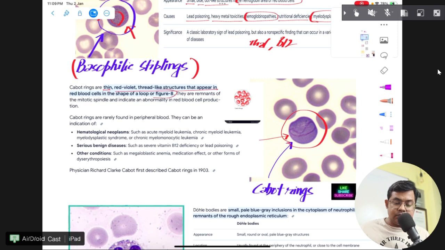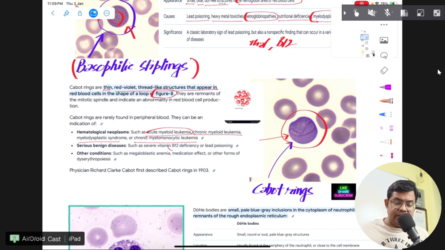So, this condition is seen in acute myeloid leukemia, chronic myeloid leukemia, myelodysplastic syndrome, chronic myelomonocytic leukemia, but this is also not specific for any of these conditions. So, this is also a non-specific finding.